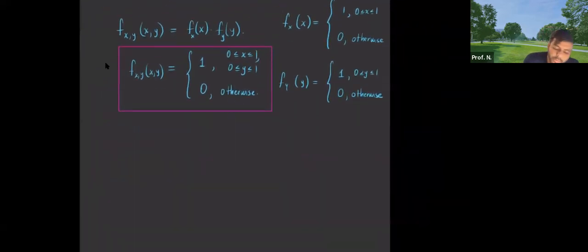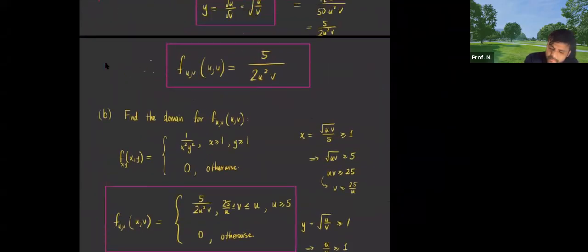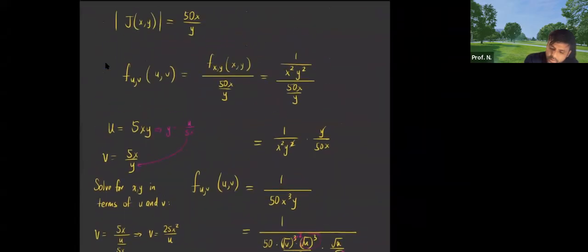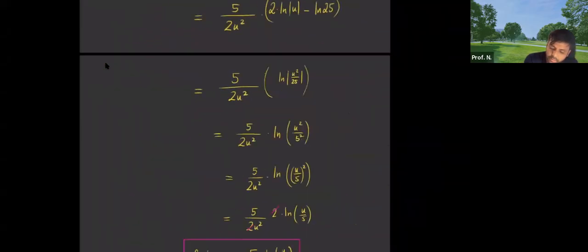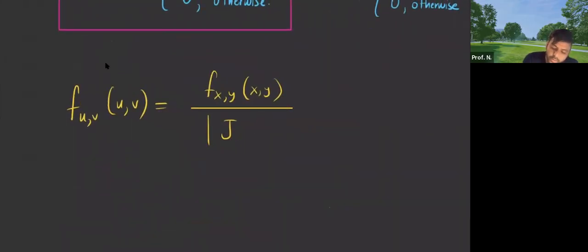Now remember what the formula was for f of uv. It's equal to f of x comma y divided by the Jacobian of x comma y.